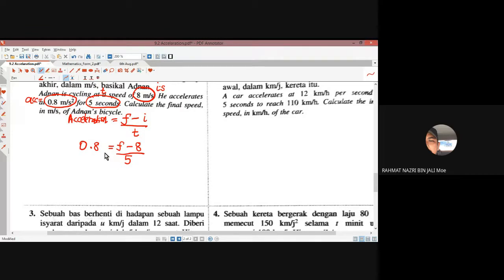And then cross multiply, 0.8 multiply with 5. So on the right, we have F minus 8. On the left, 0.8 multiplied by 5, we get 4.